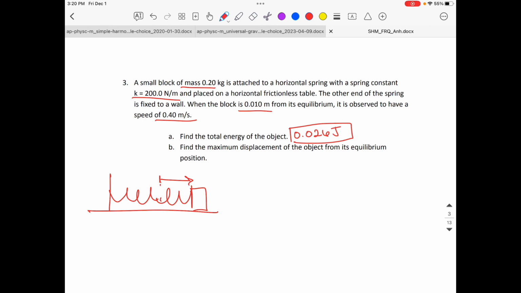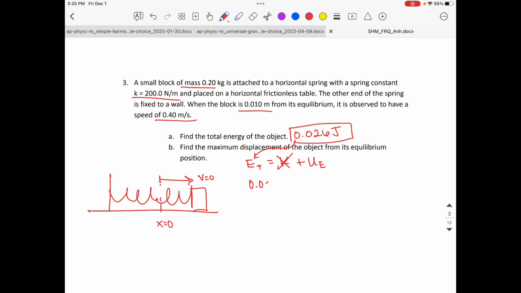If this is our equilibrium, then at that point the block is momentarily stopped, and so the velocity is equal to 0. And all of the energy would be the elastic potential energy. So we know the total energy is equal to 0.026, and since there's no kinetic energy, all we've got is elastic energy.